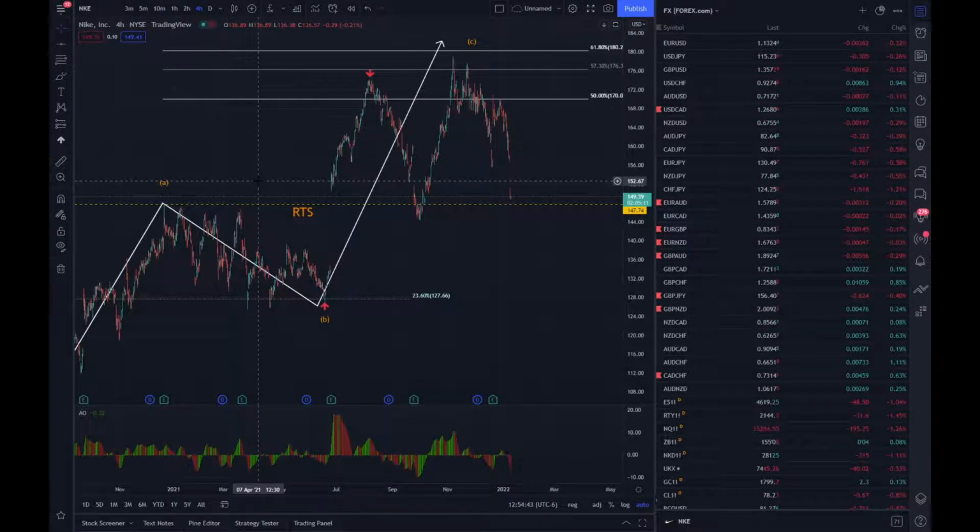Well, you don't necessarily have to, but confluence of different types of tools, different ways of analyzing the market that say the same thing, that are confluent, that say, hey, we see the same thing, tends to strengthen your argument. Because remember, as we're seeing the chart now, even though the markets are open, we're looking at a spot that happened in the past.